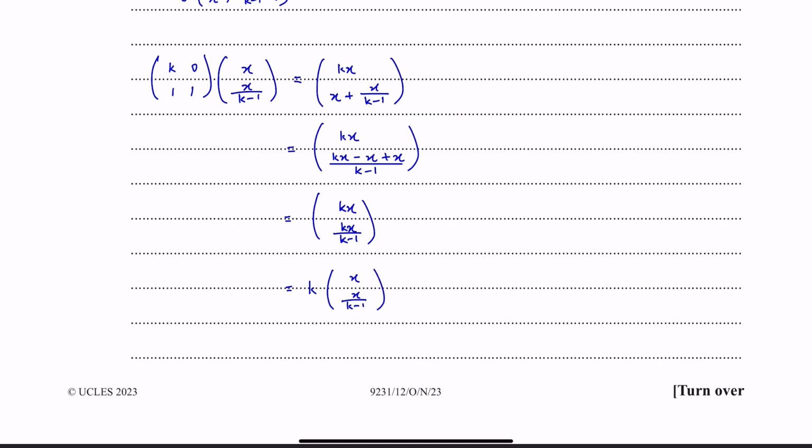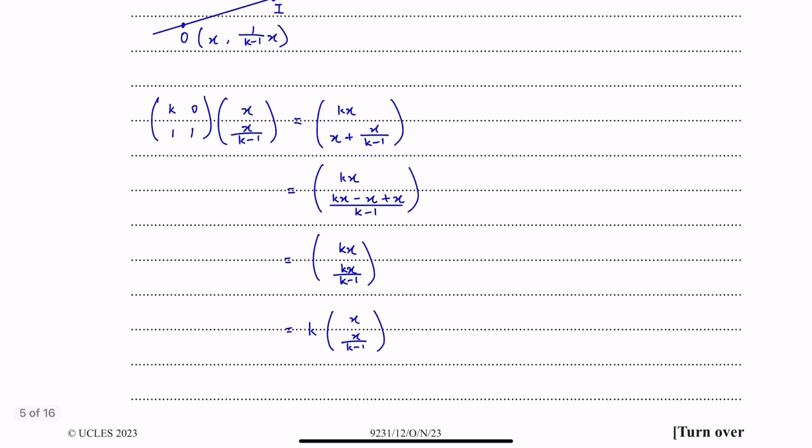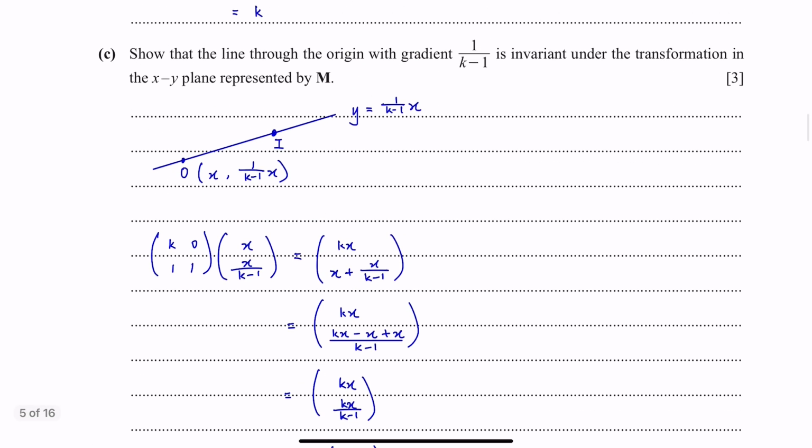Now, see that this coordinate is basically this coordinate, but the image is just k times whatever is here. So we prove that the line with the gradient 1 over k minus 1 is invariant under the transformation M.